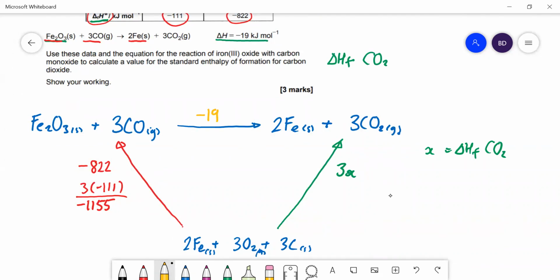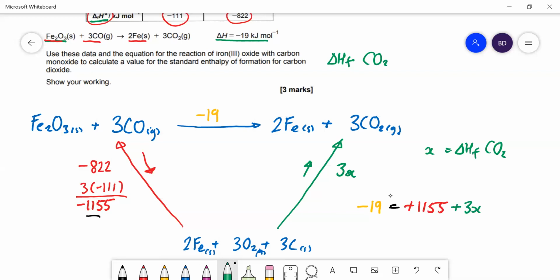So Hess's law shows us that for -19, we're going against the red arrow and with the green arrow. We're going against the red arrow, so we have to change the sign to a positive here. So that's going to be +1155. We're going with the green arrow, so keep the sign, so it's plus 3x.